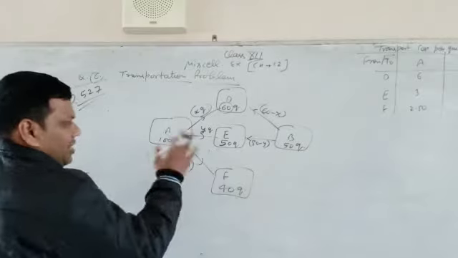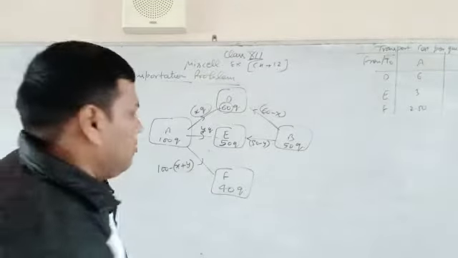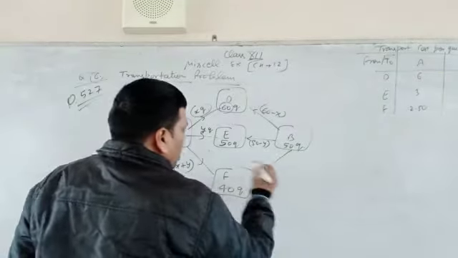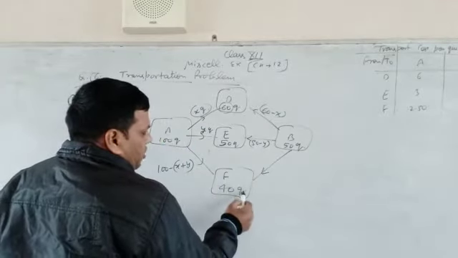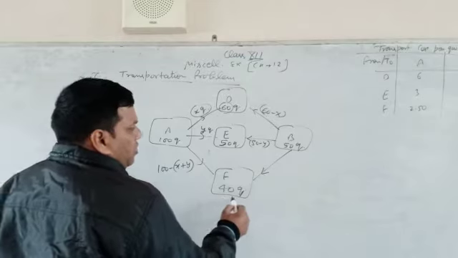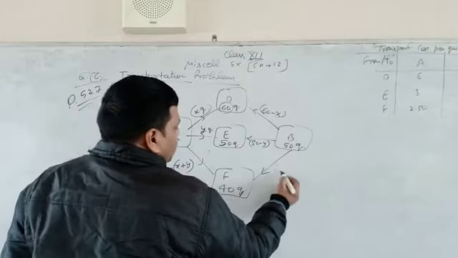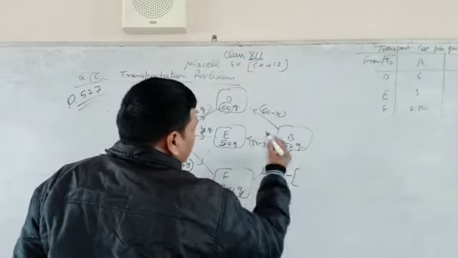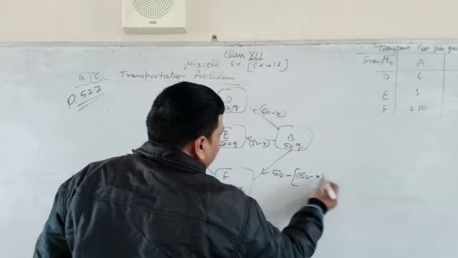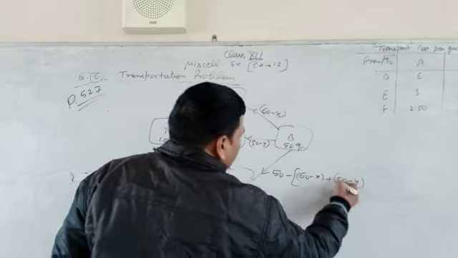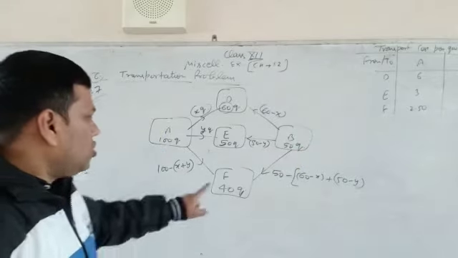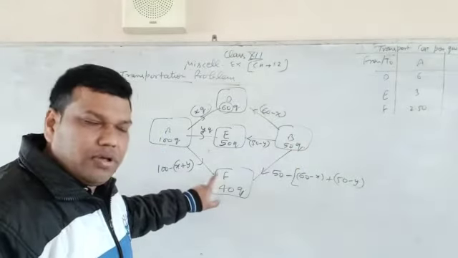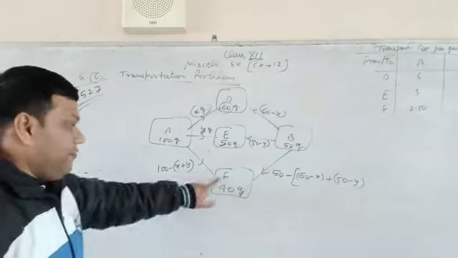Also, now we have this 40 quintal to complete. So what is the remaining? 60 minus x and 50 minus y. That was to be transported from B to this ration depot F.